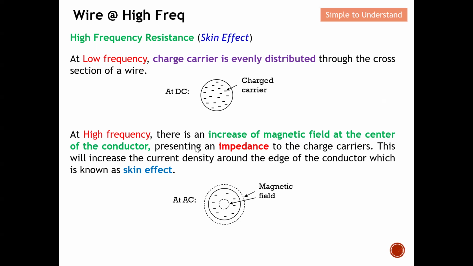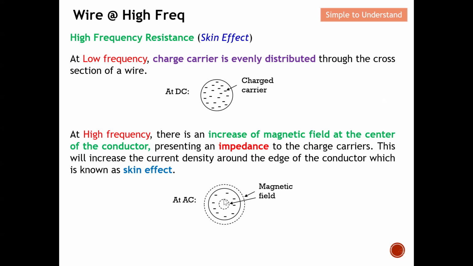This presents an impedance to the charge carriers. So this prevents the current from flowing at the center of the conductor, because of the magnetic field. This increases the current density around the edge of the conductor, which is known as skin effect.